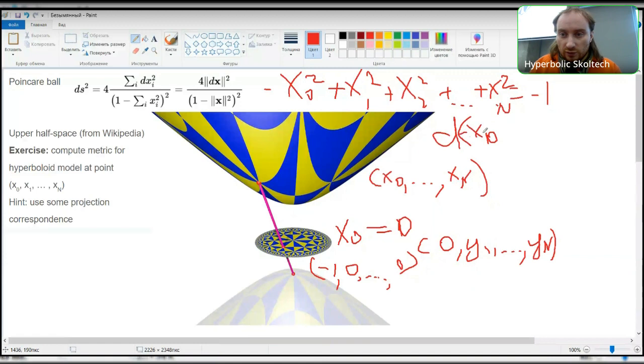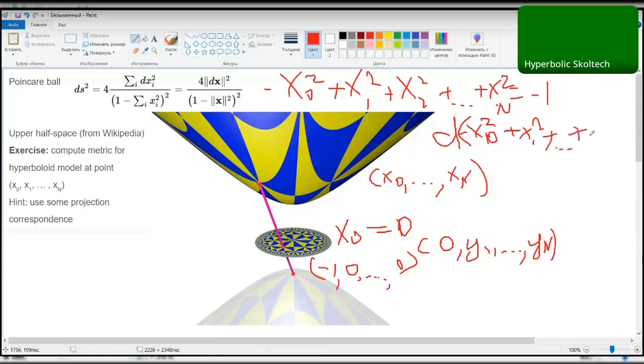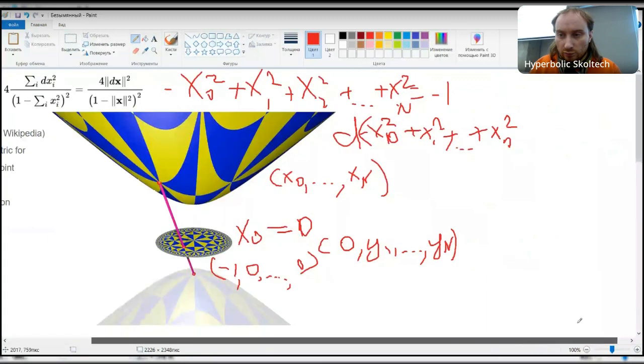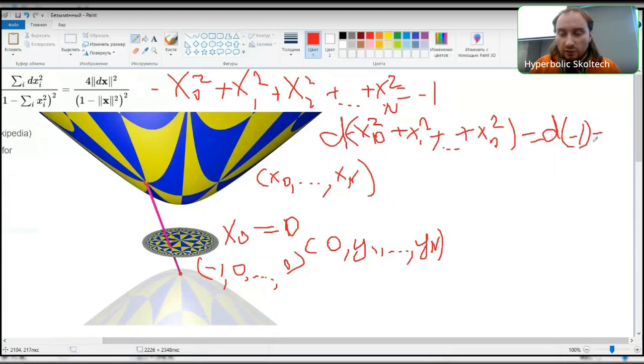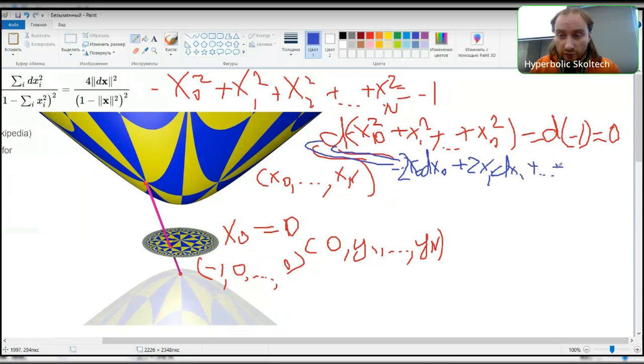Actually, we can differentiate our equation, and this gives us differentiation of constants which equals 0, and this equals minus 2x0 dx0 plus 2x1 dx1 plus 2xn dxn.